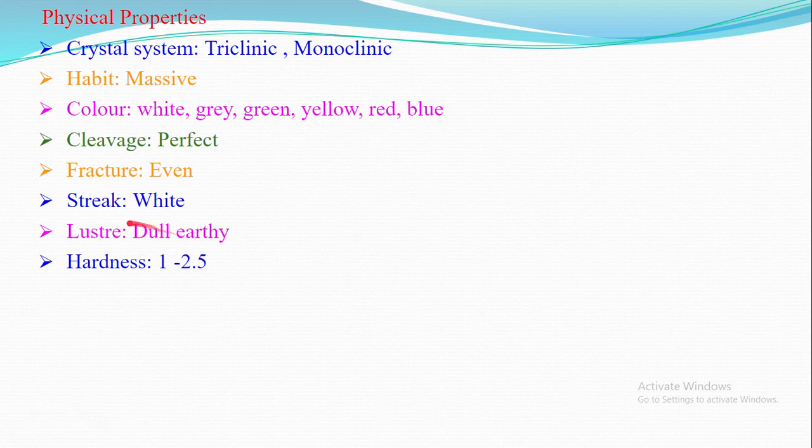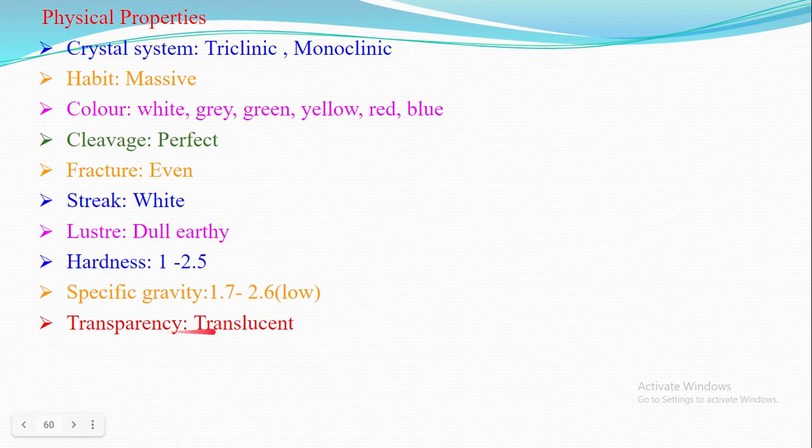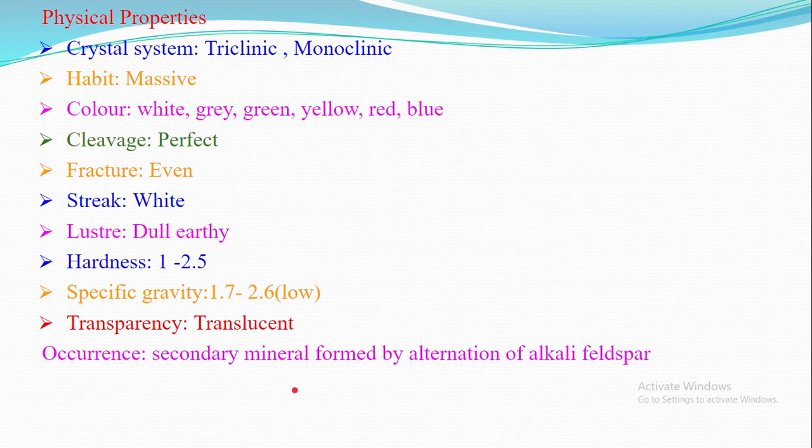Hardness is very low, 1 to 2.5. Specific gravity is low. Generally they are translucent. They are secondary minerals formed by alteration of alkali feldspar. This is important: clays are weathering products of other minerals.